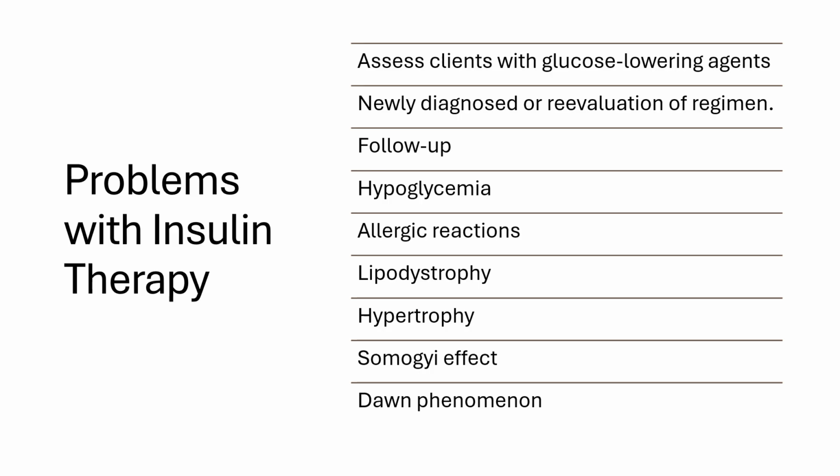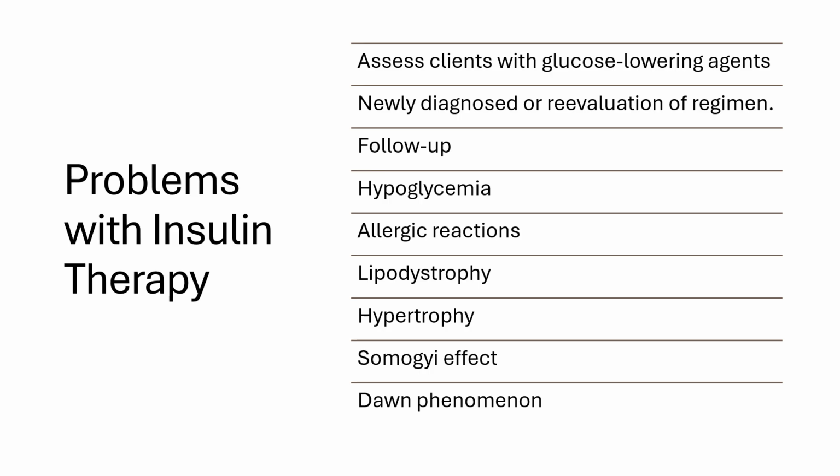Some other follow ups include effectiveness of the therapy, possible side effects of the therapy, and self management behaviors. Are they actually checking their glucose like they're supposed to? We'll get into hypoglycemia in a few slides. Allergic reactions can be local or systemic. It's rare, but it can happen.